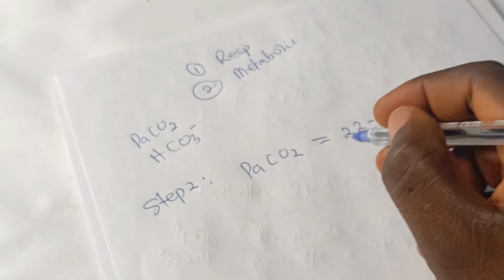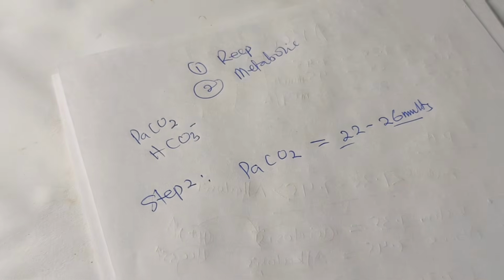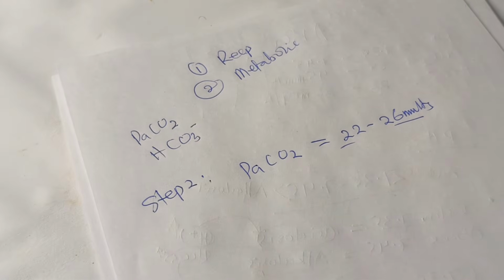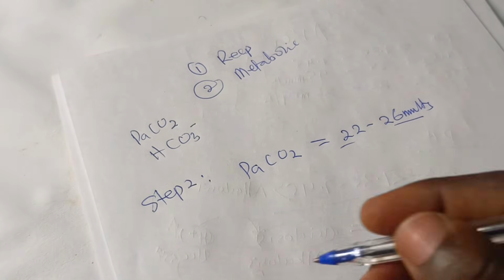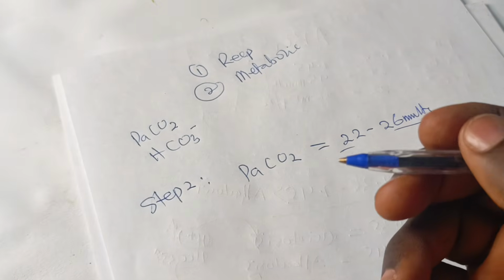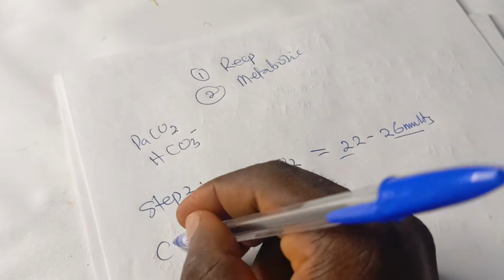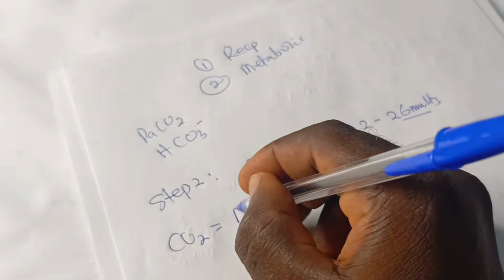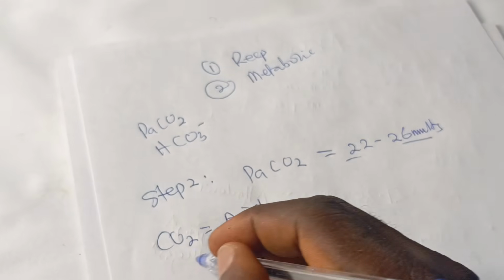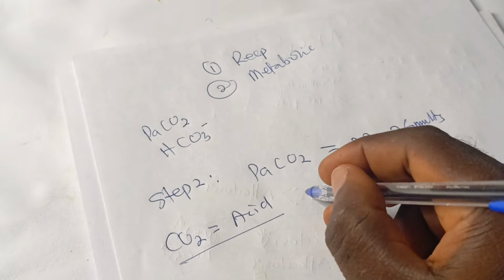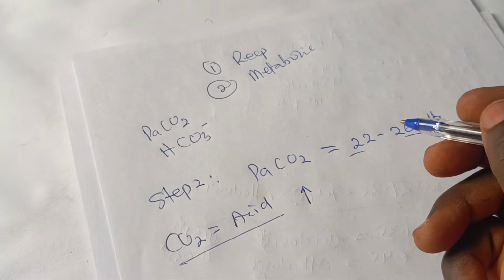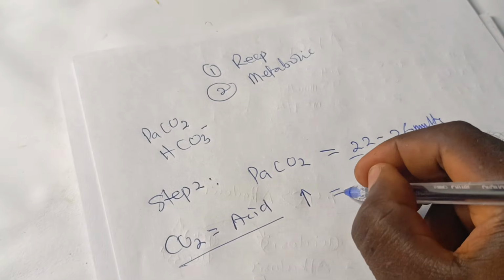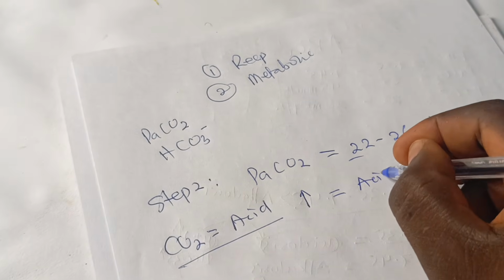So now let me teach you what happens in the case of carbon dioxide. I've told you earlier on that carbon dioxide is an acid. CO2 is an acid. So the more you have it, then the more acid you have in the body.